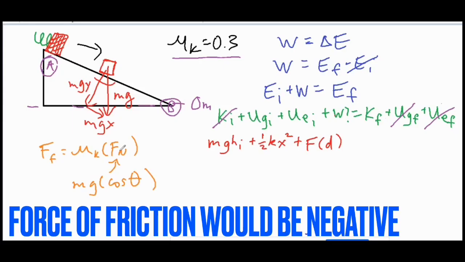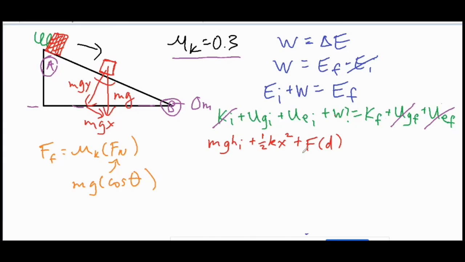And then you would place that in where the F_n is. All right, so that's what our work would be. And then on this side over here, we would have 1/2 mass times the final velocity squared.